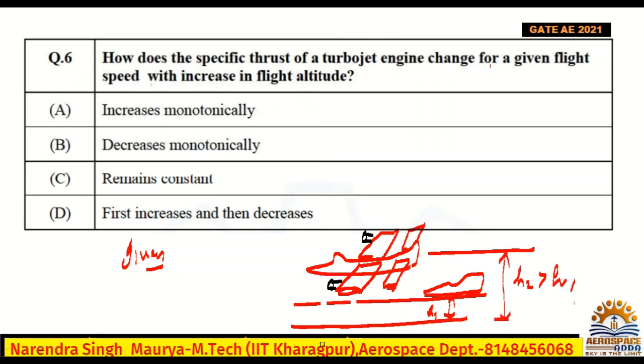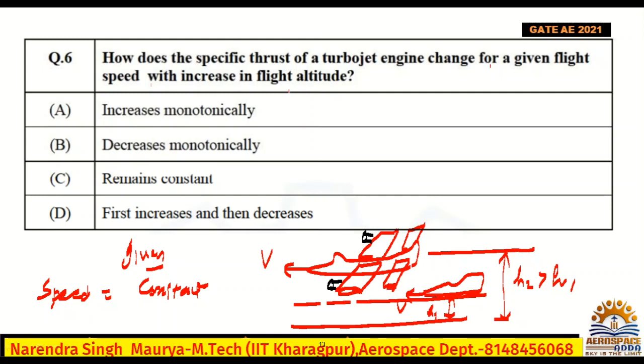H2 is greater than H1, yes or no? So only the altitude we are changing for a given flight speed. The speed is constant for both cases. They have clearly mentioned it. What we are changing here is the altitude. How does the specific thrust of a turbojet engine change for a given flight speed with increase in flight altitude?